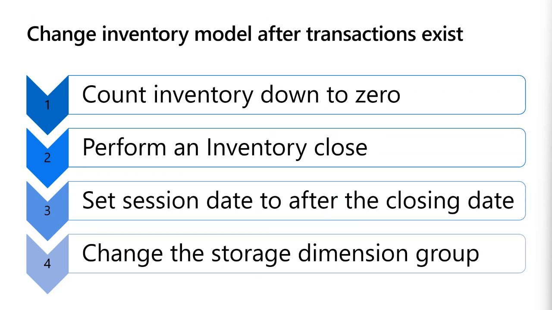After you've changed that item model group on the items, then you can start to bring your inventory back in, adding your reservations, registrations, and so on that you removed in step 1. We always recommend that you test this process in a test environment prior to conducting in a production environment, and that this process is completed during a downtime at period close.